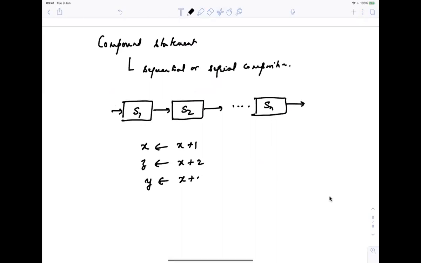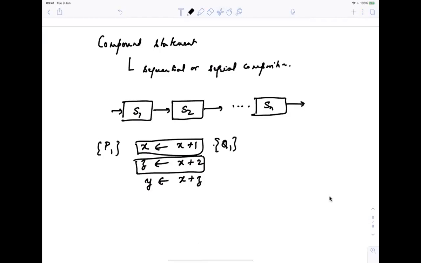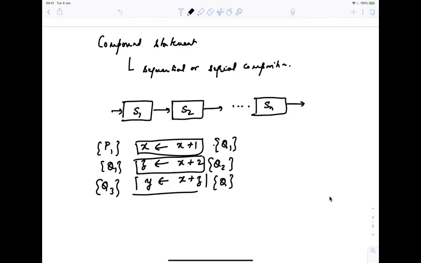Each one of these has a particular precondition and a postcondition. Let's say P1, Q1, and Q1, Q2, and we have Q3 becomes the precondition for Q4 or for Q. So basically what we're saying is P1 and S1 through Sn should lead us to Q. This is what the rule of composition is.